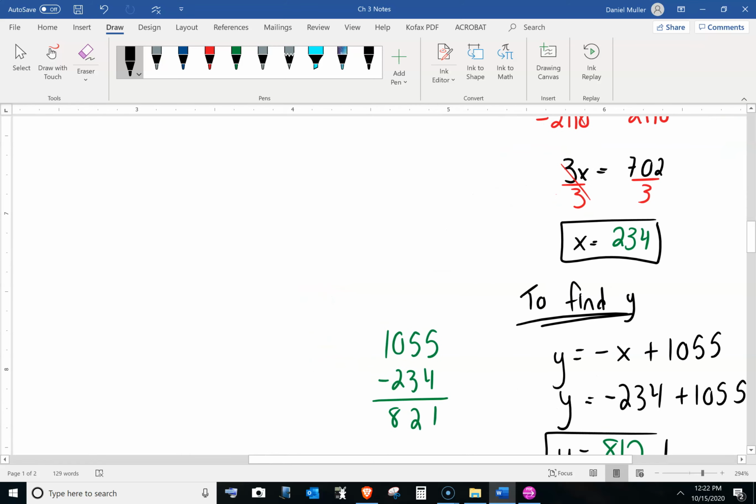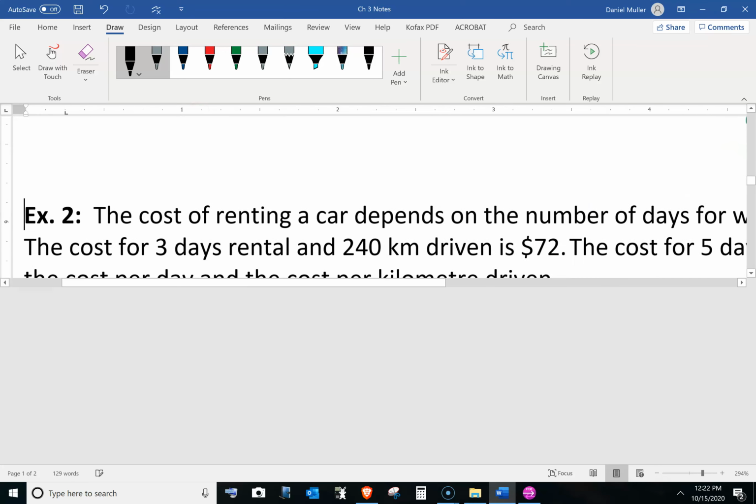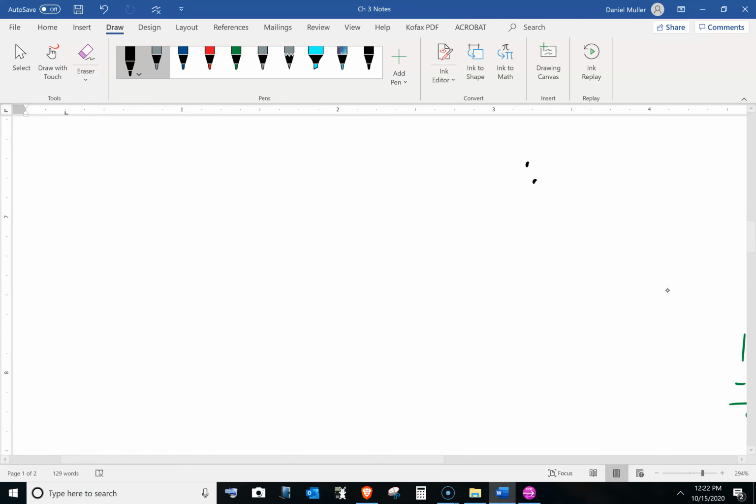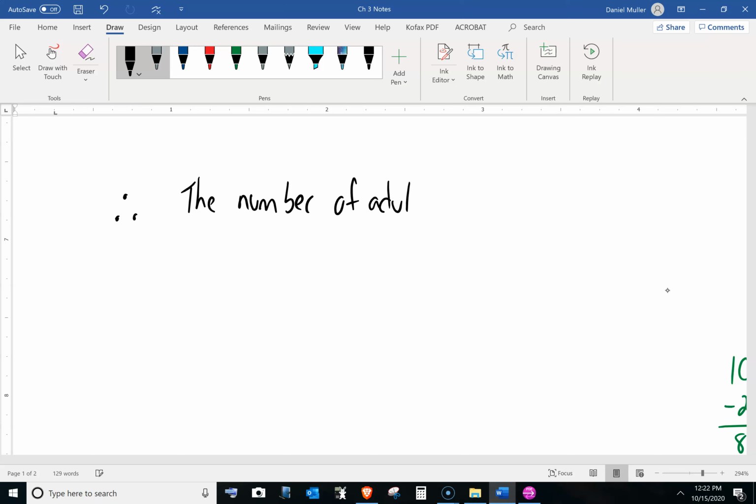So before we did a therefore statement with an x and a y, and we would tell the point. Now we're not really going to do that here because we want to answer the word problem. So therefore the number of adults, which I'll put in brackets, remember that's x, is 234.